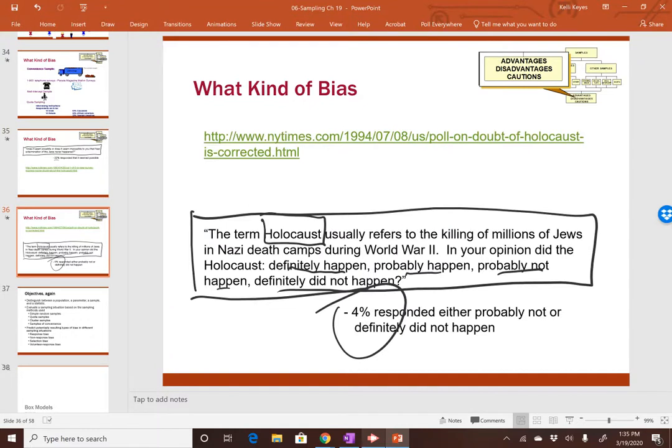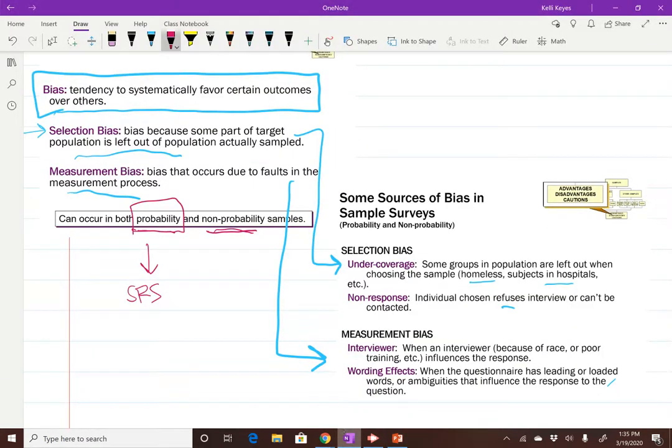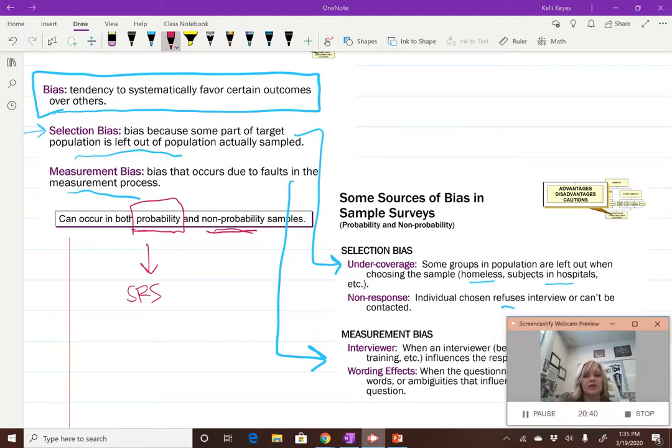So anyway, that's an example of a terrible question which would create bias because it's worded completely badly. So anyway, hopefully this helps you to complete the Chapter 19 practice problems. You can take those twice for your highest score, and just let me know if you have any questions. Thanks for listening.